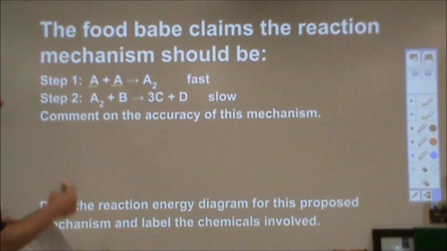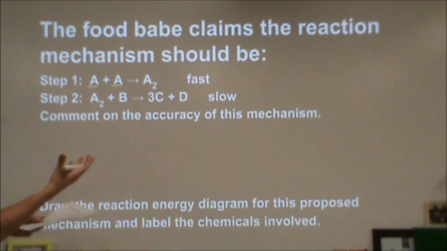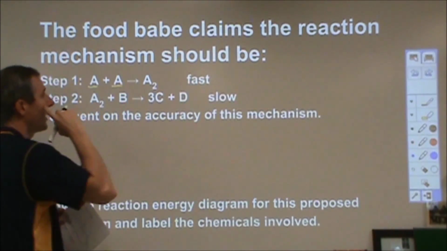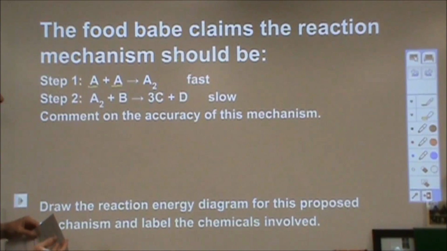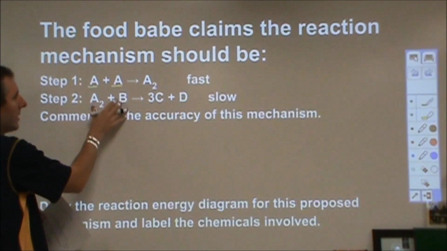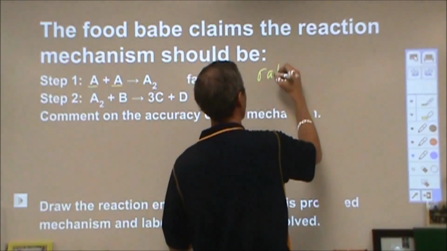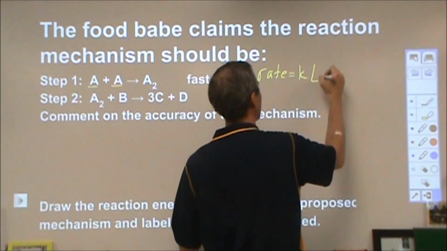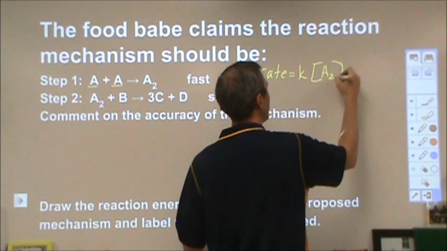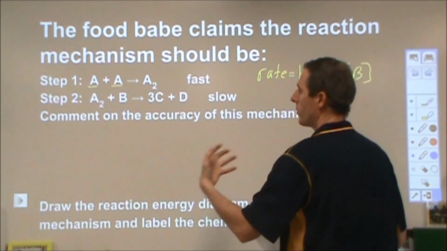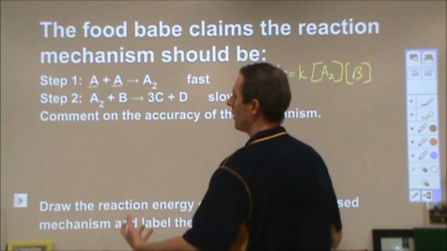Okay, so what we can tell about these mechanisms is from which step is slow and which step is fast, we can get information about the kinetics. So the fact that this is the slow step means this will tell you what your rate law is going to be. So this tells us that our rate law is going to be rate equals K times the concentration of A2 times the concentration of B, because in the slow step, that's where your reaction gets kind of stuck or limited by.